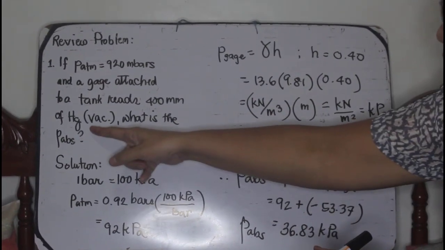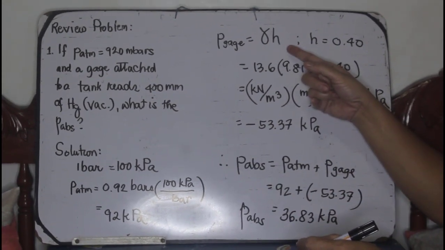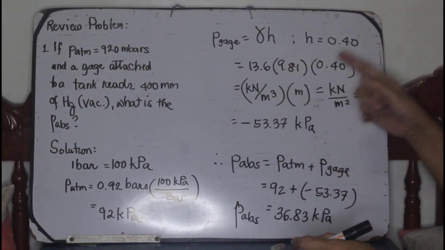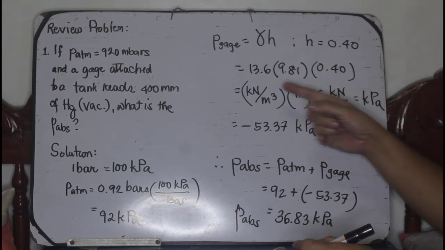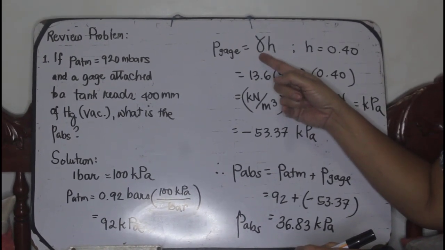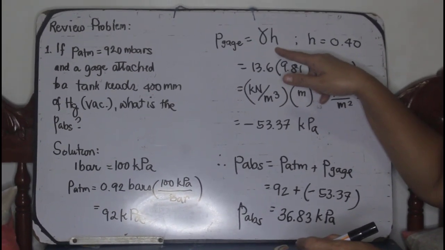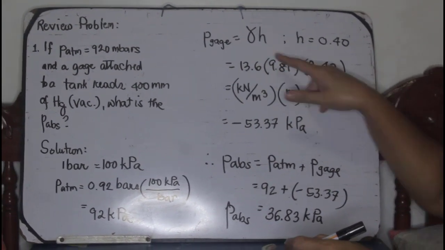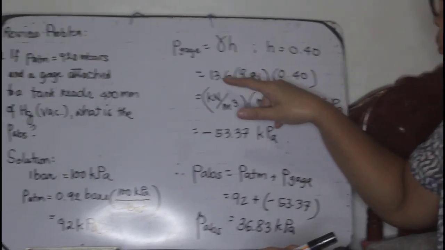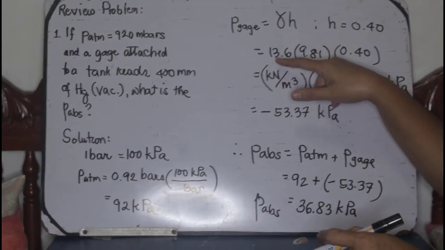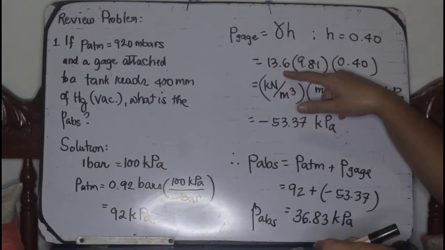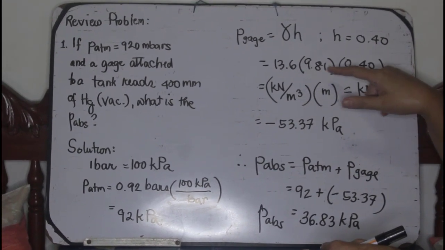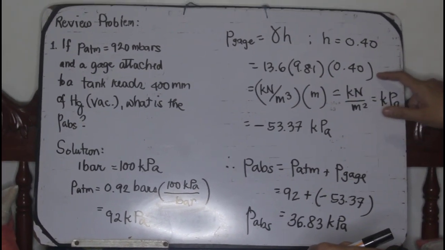In this case, it is mercury that stands at a height of 400 millimeters or 0.4 meter. So this one is the unit weight of mercury multiplied by its height, which is 400 mm. So we just directly substitute the unit weight of mercury, which is the specific weight of mercury, 13.6 times 9.81 times the height of 0.4.